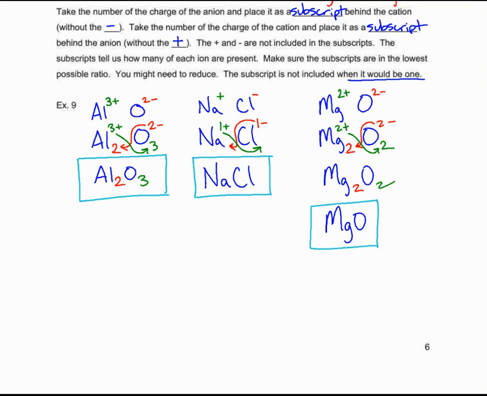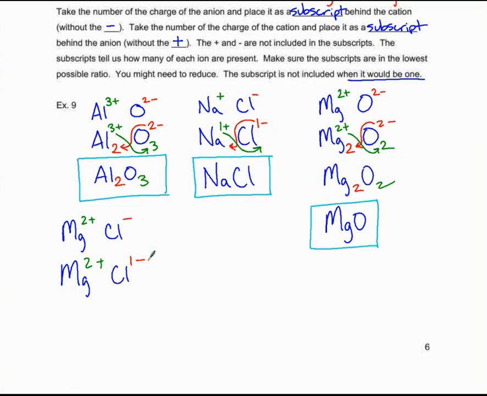A couple of other examples, we could have one that's magnesium and chlorine. So it's over here. The magnesium ion is going to have a 2 plus charge, and the chloride -1. So here's the 2 plus, minus is actually 1 minus.